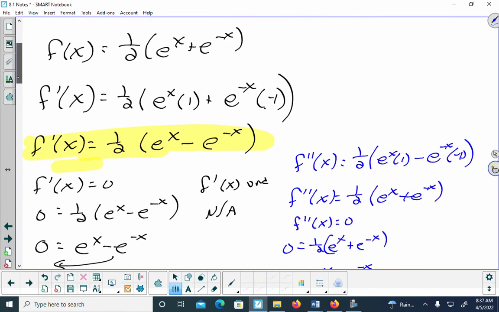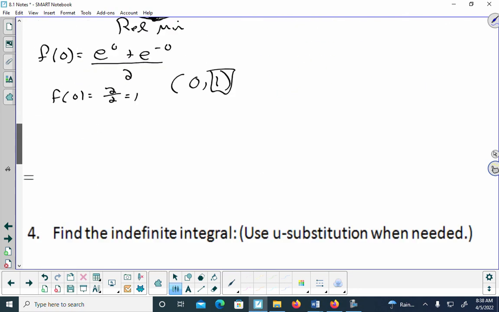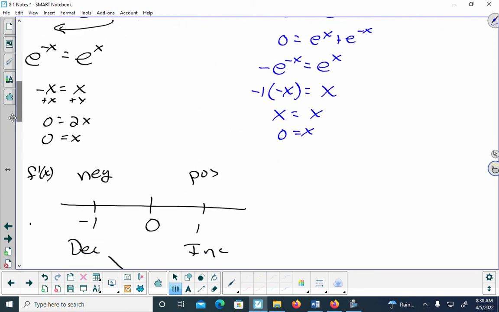Then to find where the second derivative is undefined, I'm going to look up here, and the domain is all real numbers, so this never happens. To find the inflection points, I'm going to take that 0 and pick a test point, so I'm probably going to pick -1 again, and I'm going to pick +1. Now I'm going to do the second derivative of -1, and when I put that in my calculator, that ends up being positive.